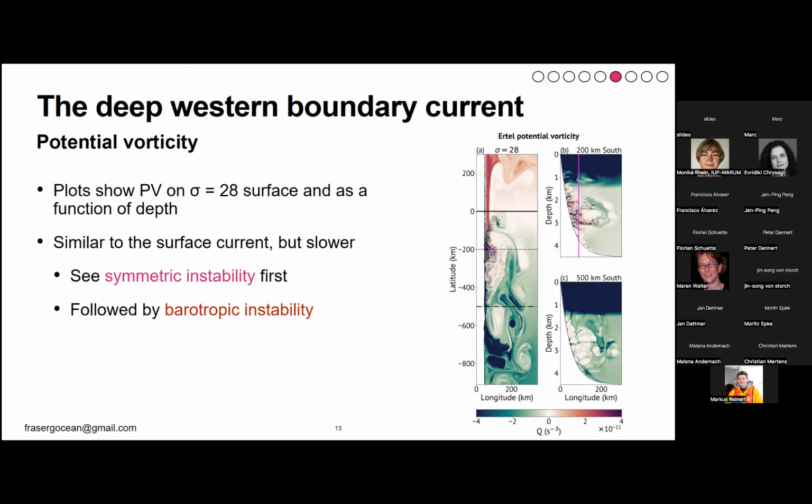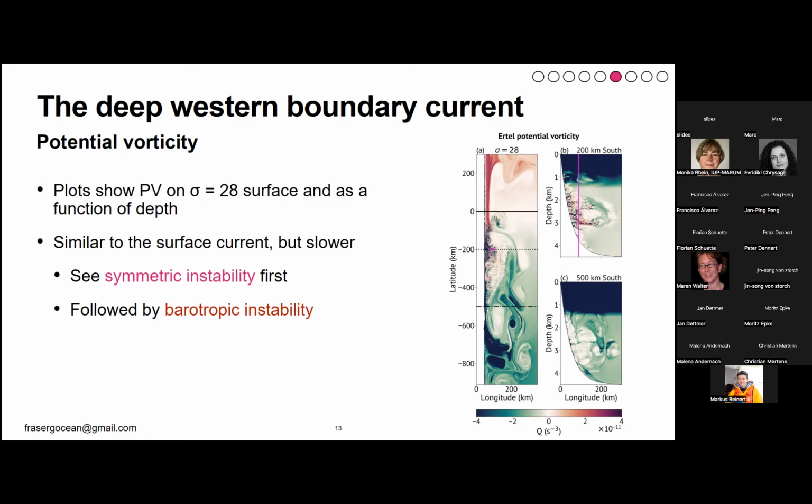And these show vertical slices at 200 kilometers south and 500 kilometers south. Here we can see the excitement of the instability, and here we can see the PV of about 0, so the aftermath of the instability.